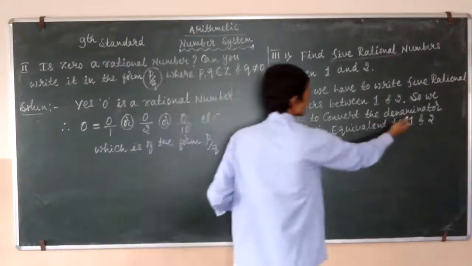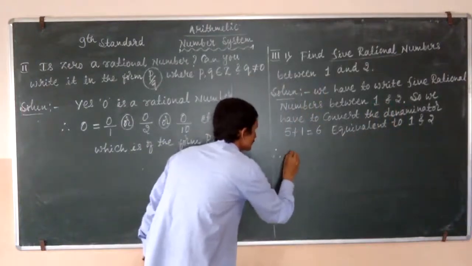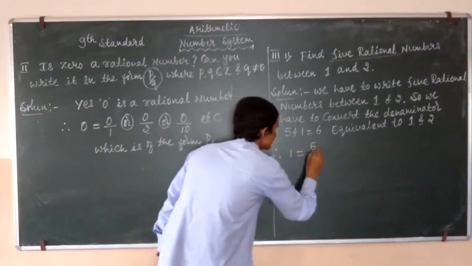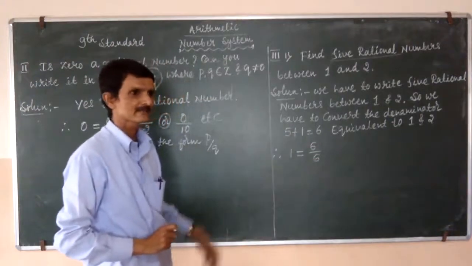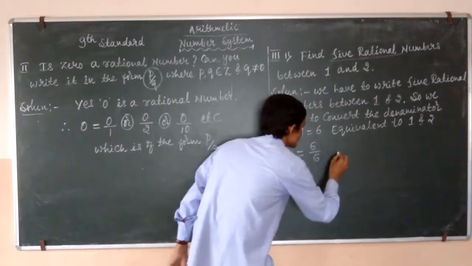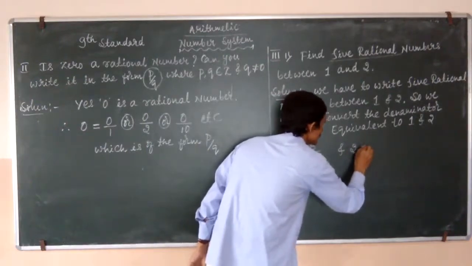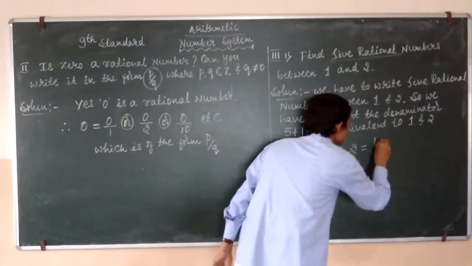So 1 can be written as 6 by 6, equivalent p by q form, and 2 can be written as 12 by 6.